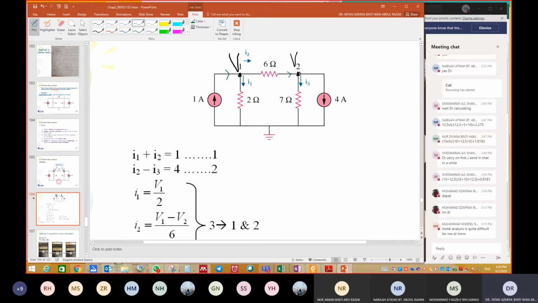Please make this current flow through the ground. How about this? We have 4 amp. The 4 amp is in this direction, so make it follow the 4 amp. If you make the current here inverse to the 4 amp, you can, but the current here will be minus 4 amp. Any question?